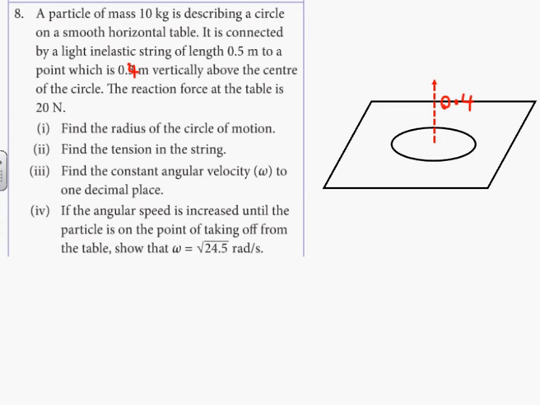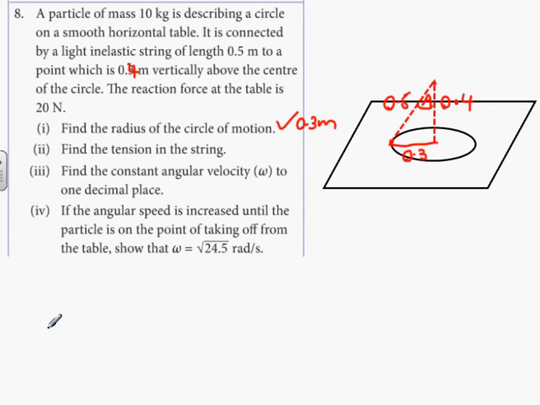Okay, and then what's this here then, guys? 0.5. And then by Pythagoras' theorem, 3, 4, 5, so the radius is 0.3. Now we know this angle A here. The radius of the motion is 0.3 meters.